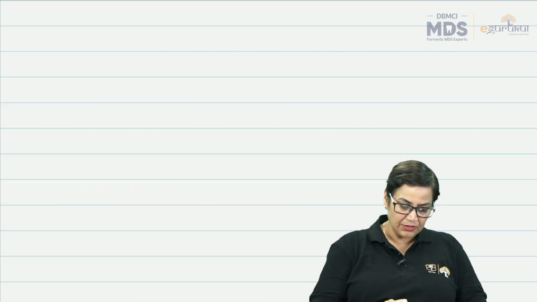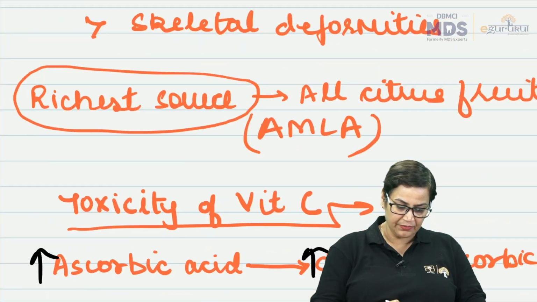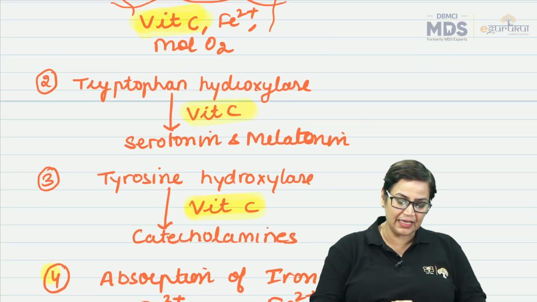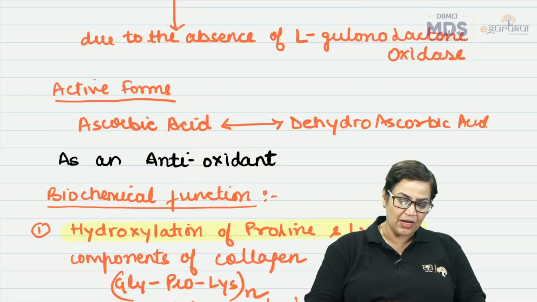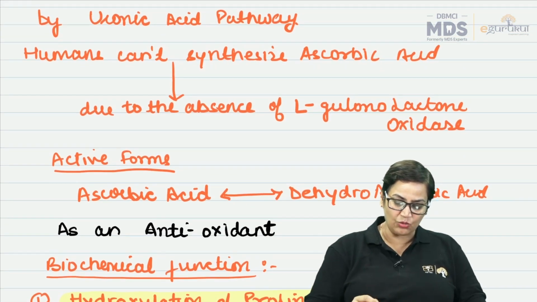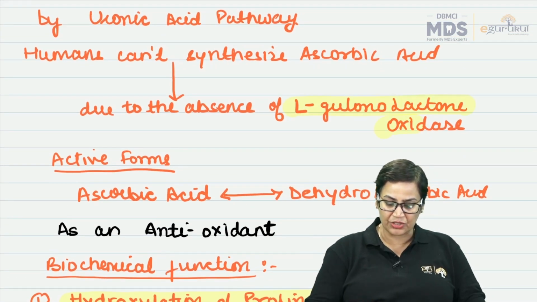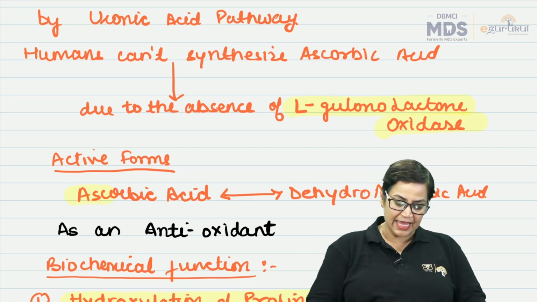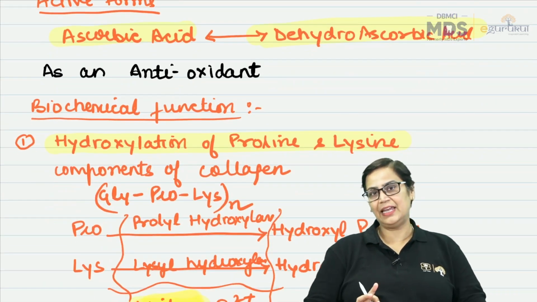Right? So let's see. Human beings have to have vitamin C in their diet because of the absence of L-gulonolactone oxidase. This question was also asked in the exam. Okay, and this is the active form, ascorbic acid to dehydroascorbic acid, and vice versa. And that is why it functions as an antioxidant.